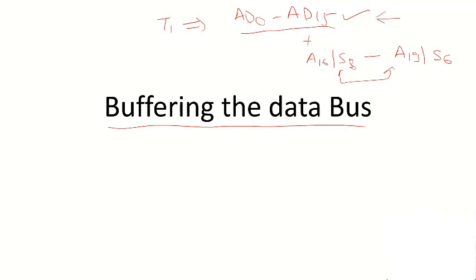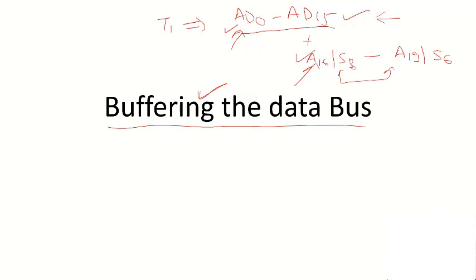After the T1 state, in subsequent states, the data is carried by the multiplexed address data bus, and status is carried by the multiplexed address status signals. Now we will study how the data is being buffered.